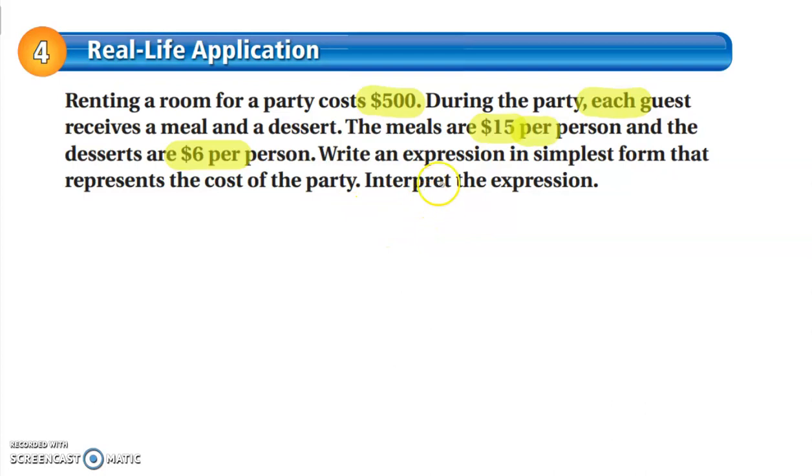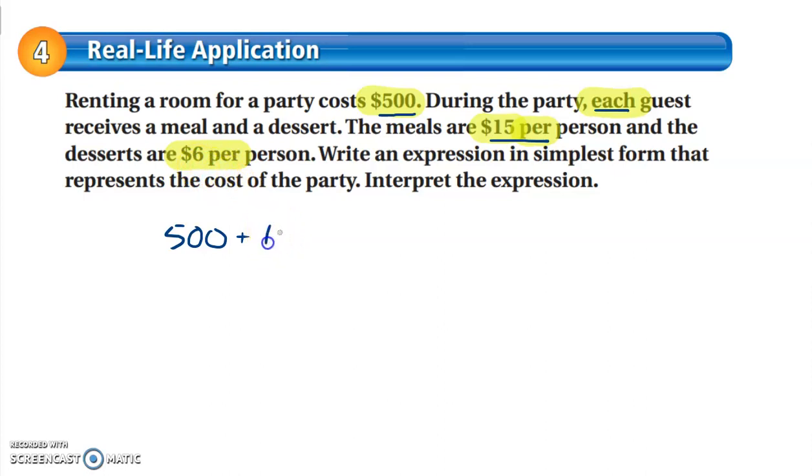Interpret the expression. All right, we're going to write an expression. You have to pay $500 no matter what. So we'll start with the 500 plus. Now, each guest pays $15 per meal and dessert, right?